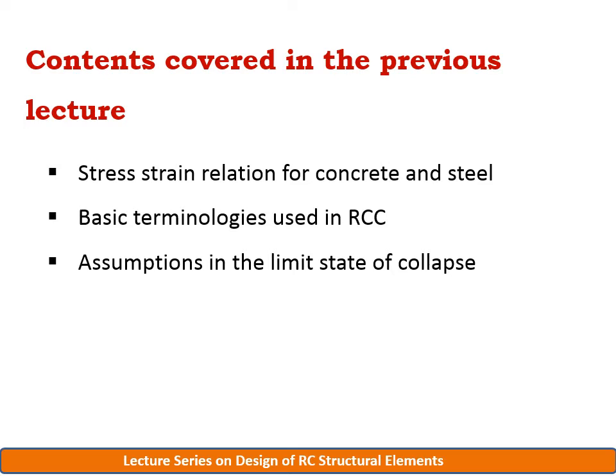Along with that, we have also discussed the balanced, under reinforced and over reinforced sections: what exactly a balanced section, under reinforced section and over reinforced section is, where we can use these types of sections, which section is preferable, and what are the advantages and disadvantages of these three types of RC sections.